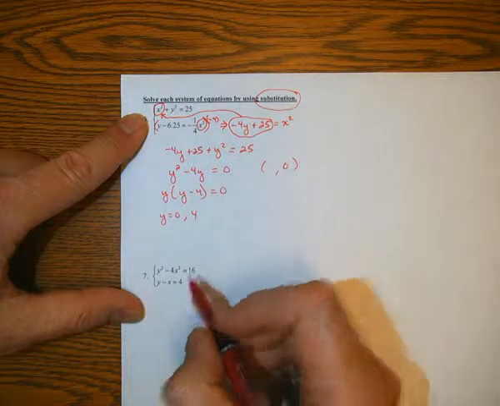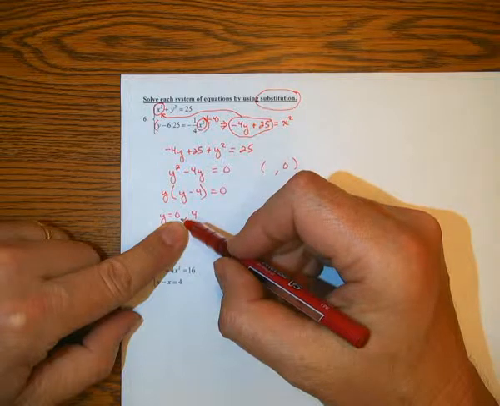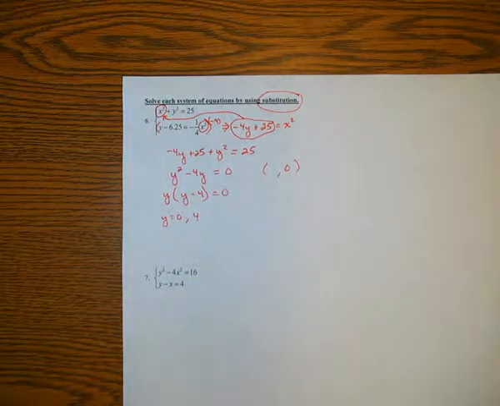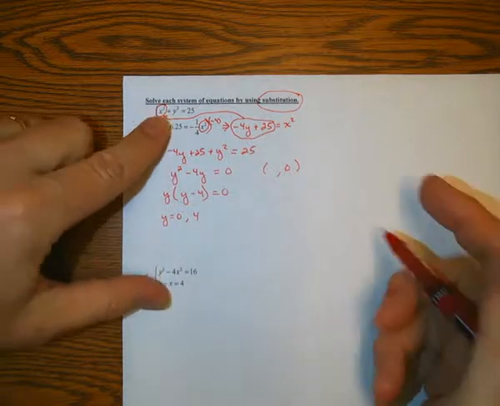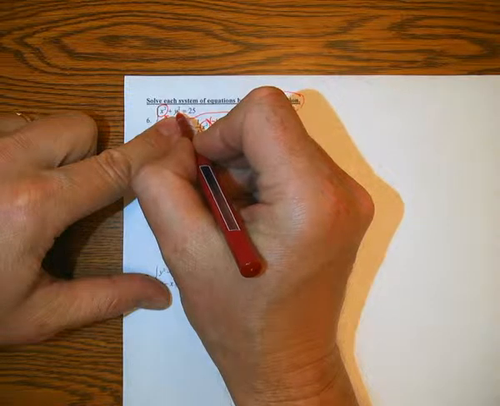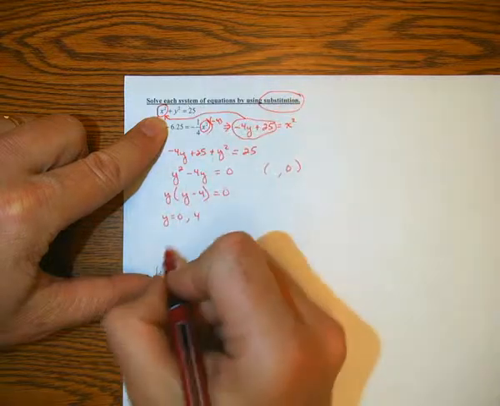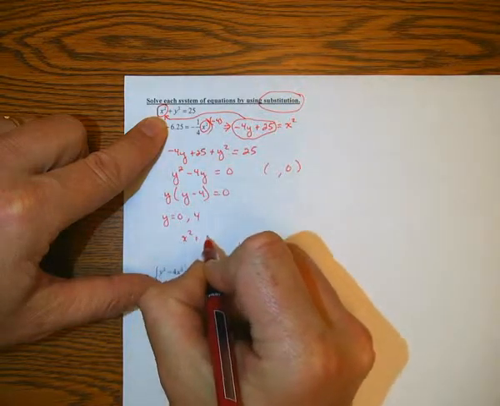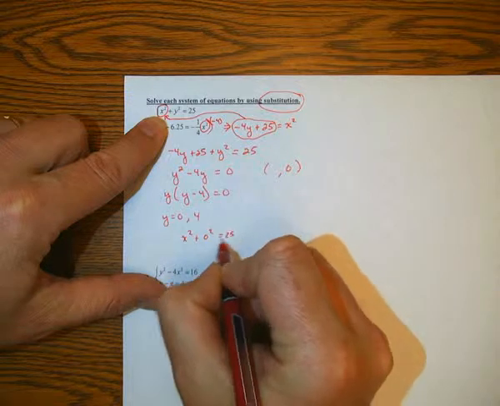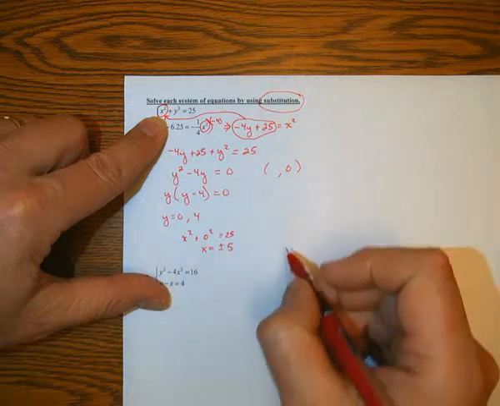All right, so we'll start out. y is 0, we're going to plug it in. Now, which one do we plug it into? In this particular problem, it doesn't matter. When I plug 0 in for y right here, which is probably the easiest place, you end up with x squared equals 25, which means x is going to equal plus or minus 5.